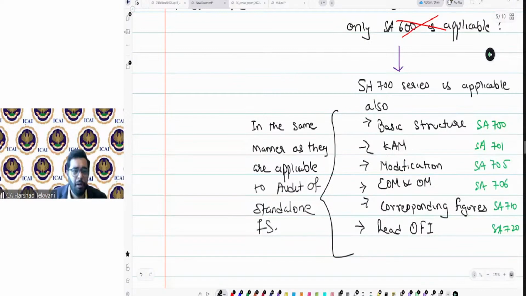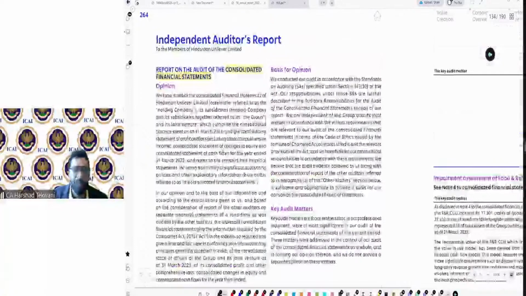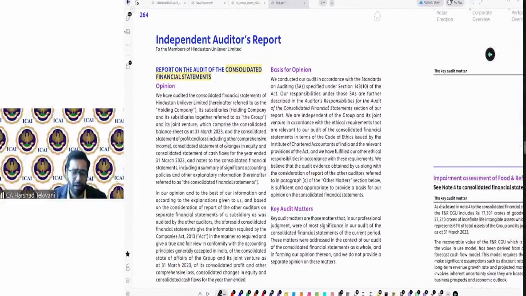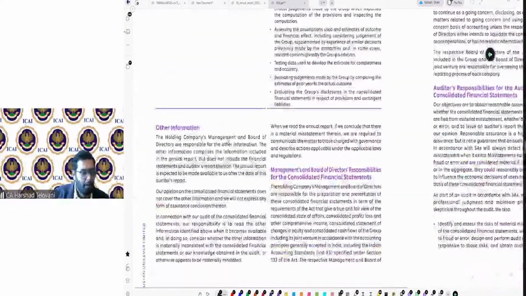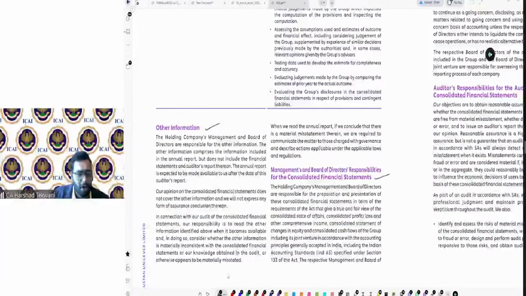And I'll just show you something. I'll go to the audit report. If you see in the audit report itself, this is the audit report on the consolidated financial statement. We have opinion, we have basis of opinion, we have key audit matters, we have other information paragraph, we have management responsibility, auditor's responsibility.